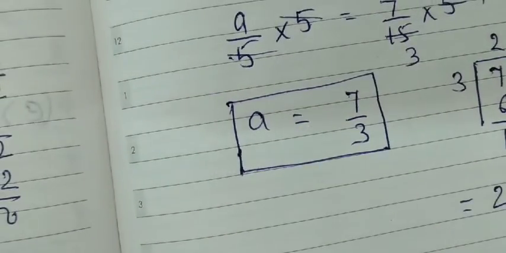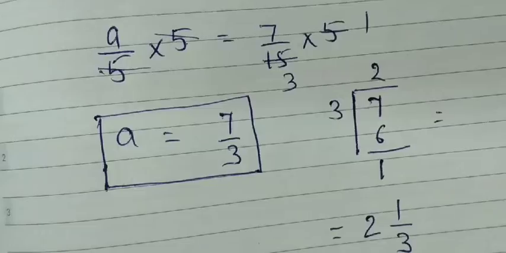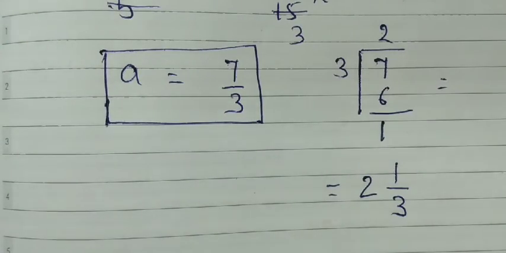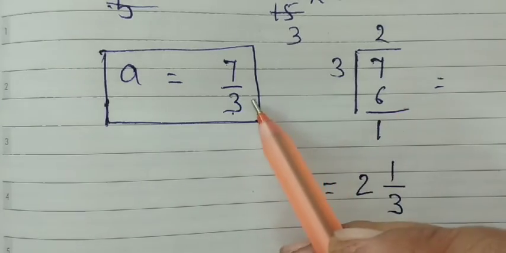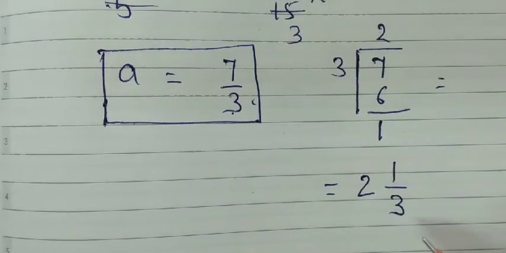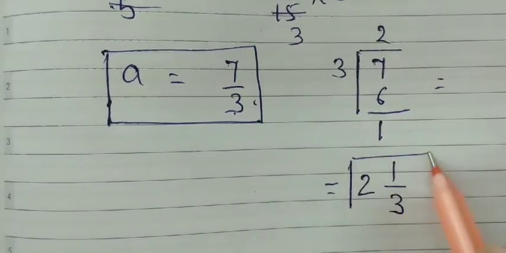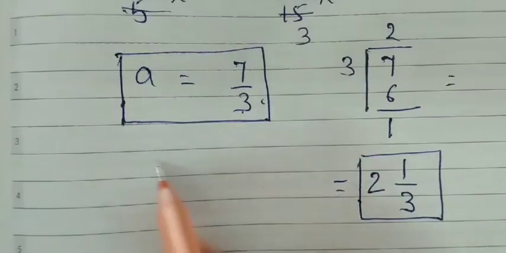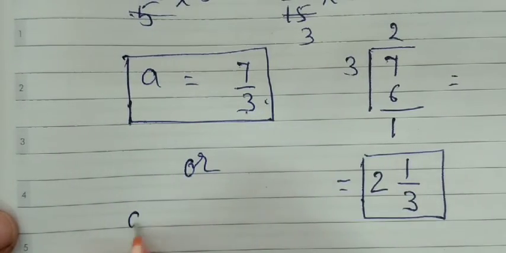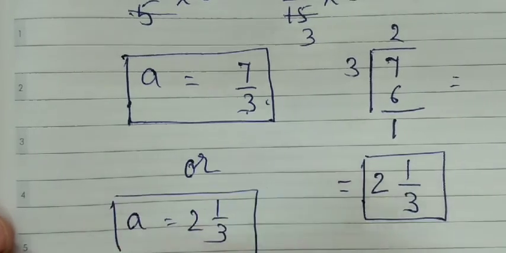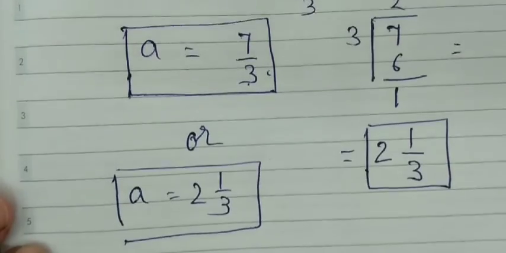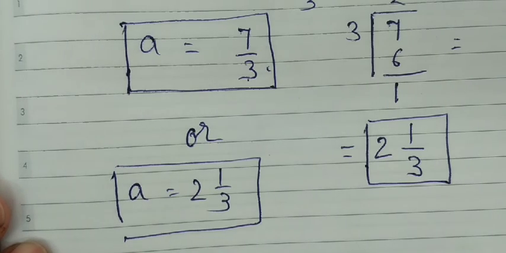Either you leave the answer like this, or you divide. If it is an improper fraction, then divide and get the answer in mixed form. This is it. So the rest of the sums will be for self practice.